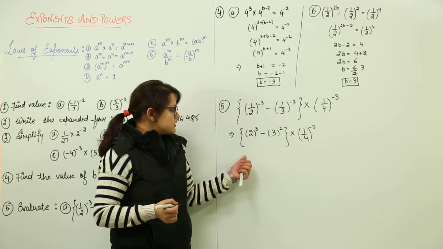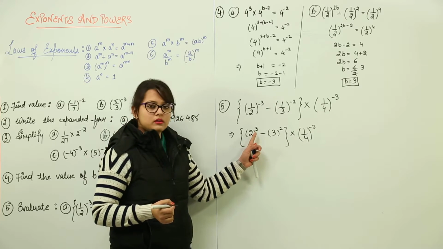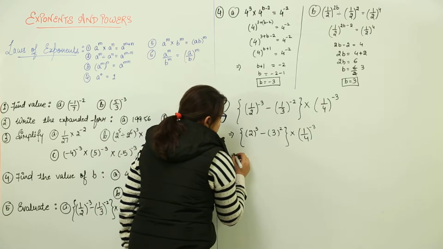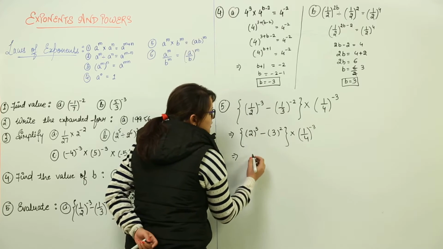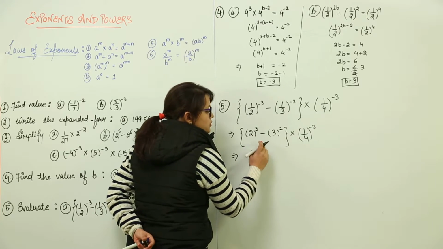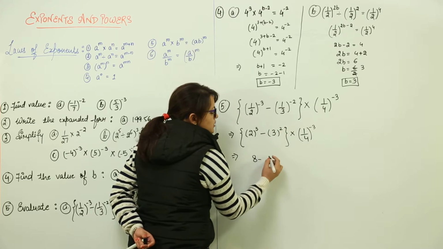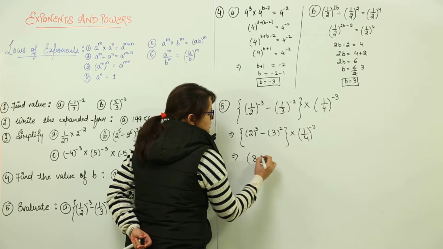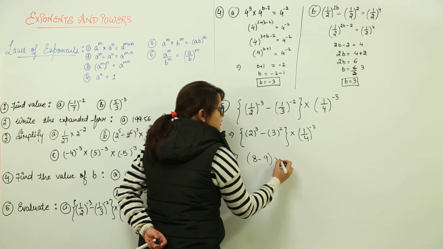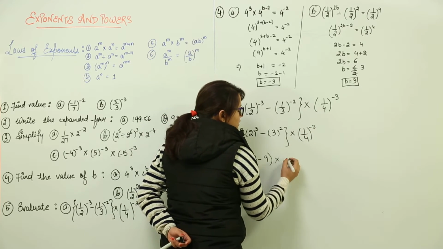Now next what we can see. Still we have to solve this part. How do we solve this? Now this has become simpler. 2 raised to power 3 is 2 into 2 into 2, which is 8, minus 3 raised to power 2 is 9. So this has reduced now, into 1 by 4 raised to power minus 3.